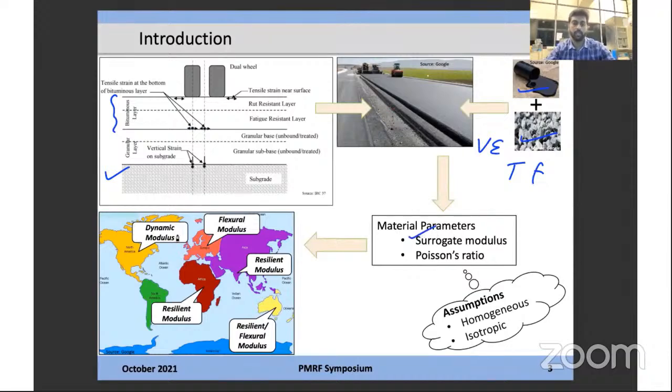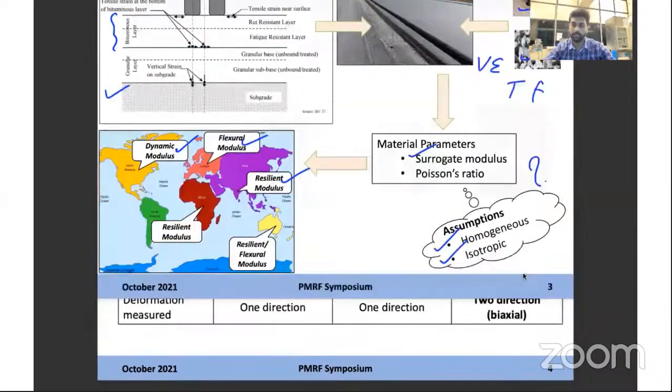Different countries use different kinds of modulus such as dynamic modulus, flexural modulus or resilient modulus. However, estimation of such modulus values is based on the assumption that bituminous mixtures exhibit homogeneous and isotropic characteristics. However, it is not sure how far these assumptions hold good.